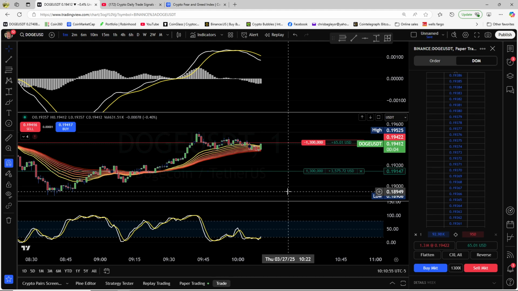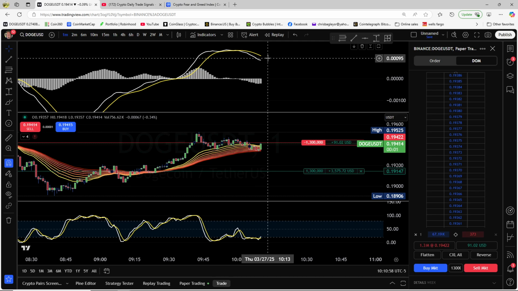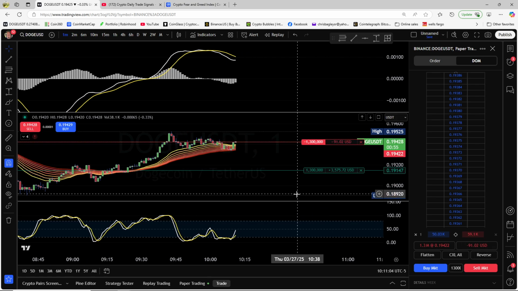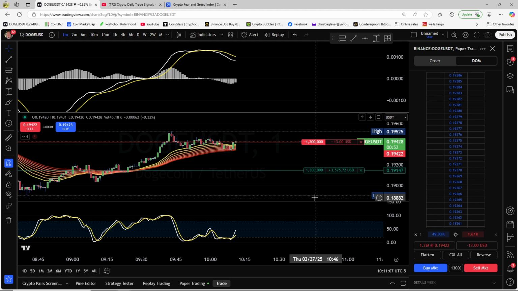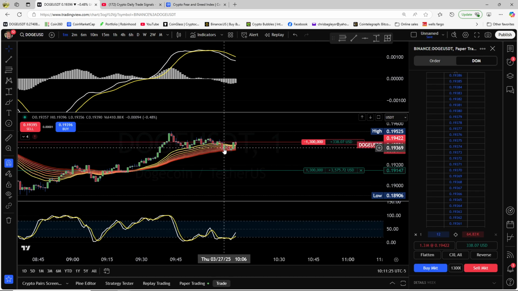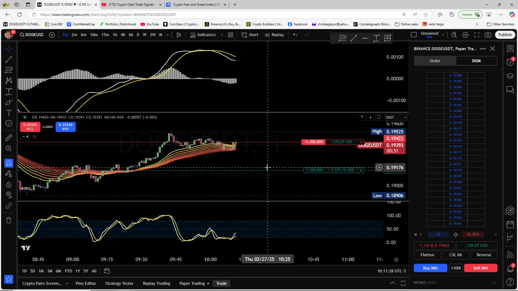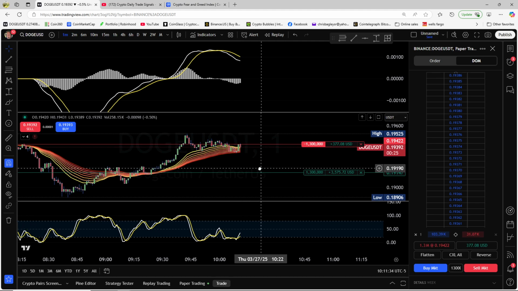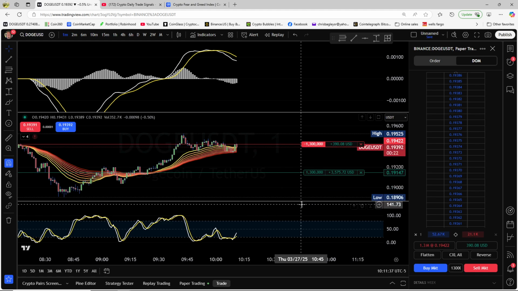So it could reverse and go up a little bit, but see how all my ribbons are consolidating together? Something's fixing to happen. And more than likely, it's going to be to the downside.